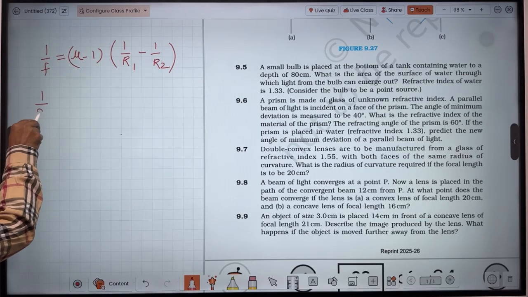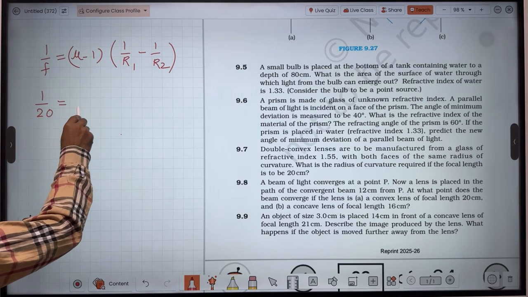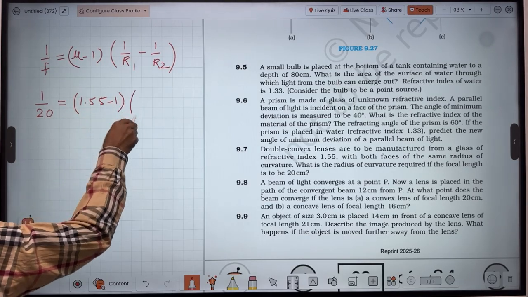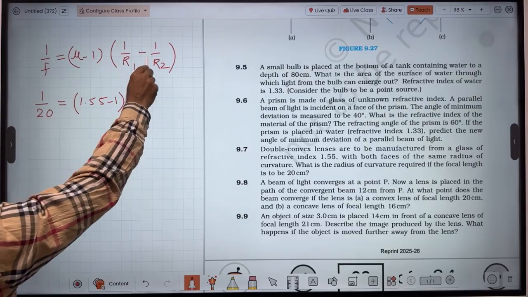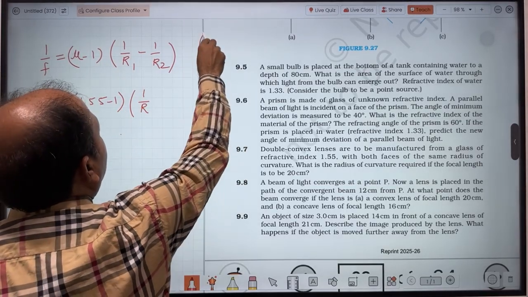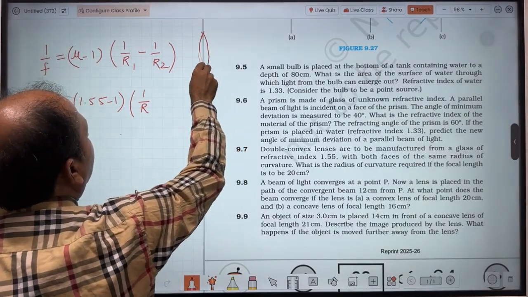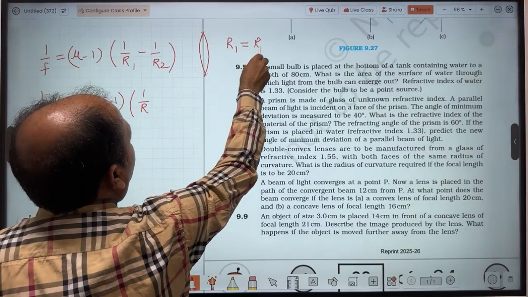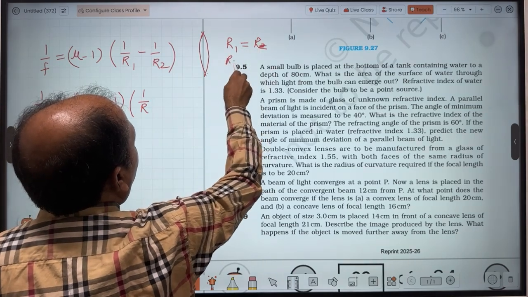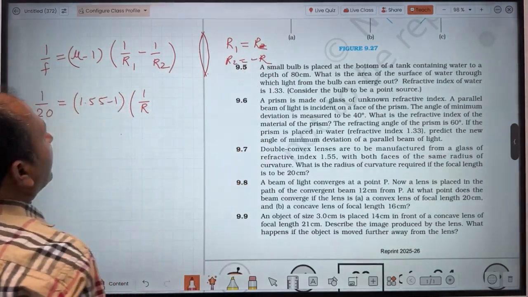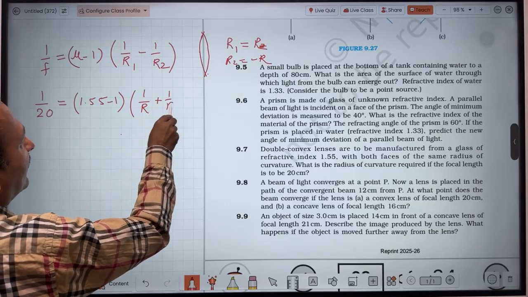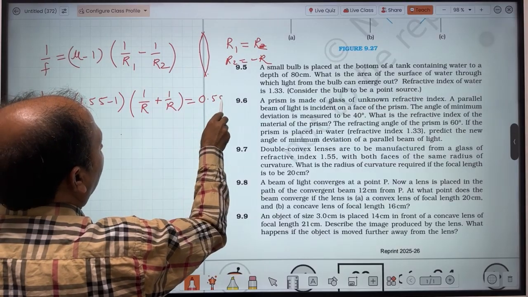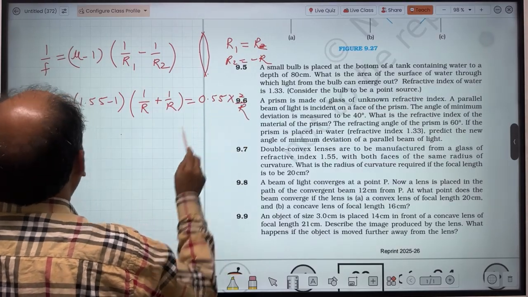So we can write 1 upon 20 equal to (1.55 minus 1) into (1 upon r1 minus 1 upon r2), and this will become negative because we are considering these two faces. So 1 will be positive and this will be negative: r1 is r, sorry, r2 is minus r, right? So if we write, this will become 1 upon 20 equal to 0.55 into 2 upon r.